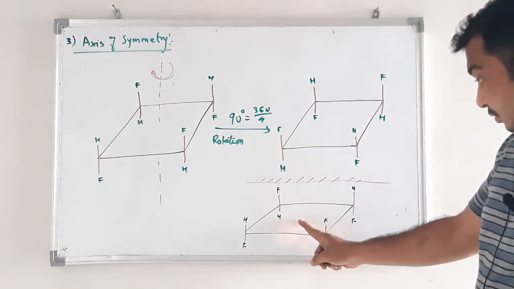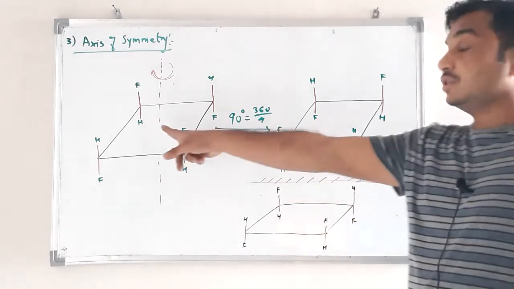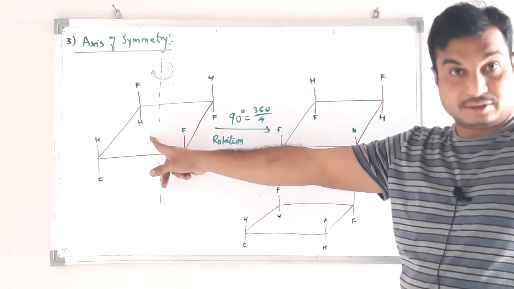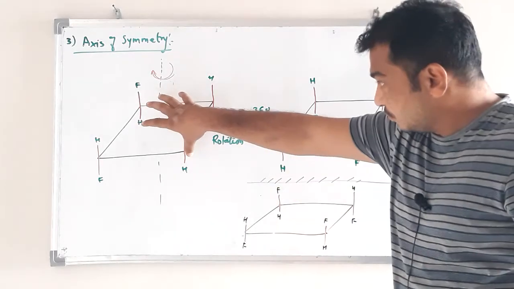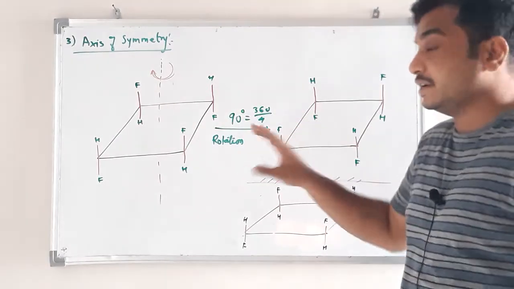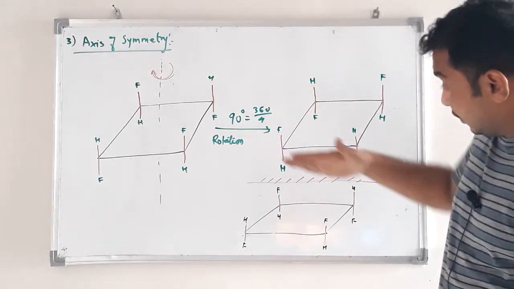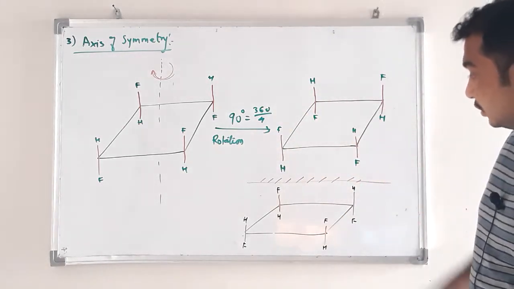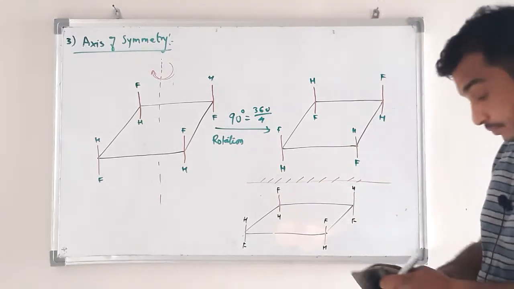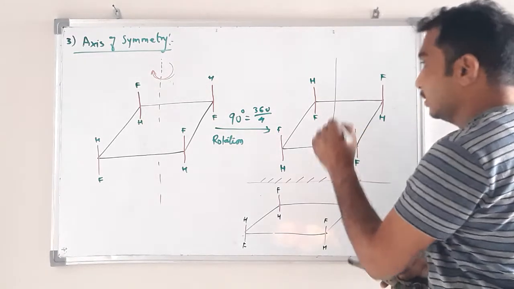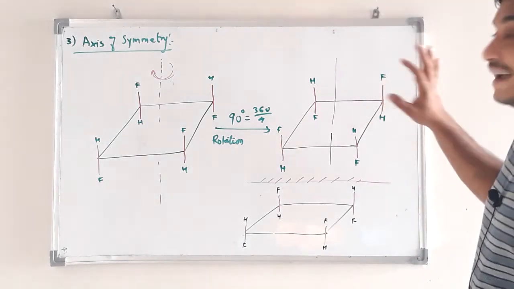Whatever image is obtained on this mirror is matching the original one from which we started this operation. So first we rotated this molecule through 90 degree, means 360 by 4, that is called 4-fold, and then we reflected this molecule with the mirror perpendicular to the axis of rotation.